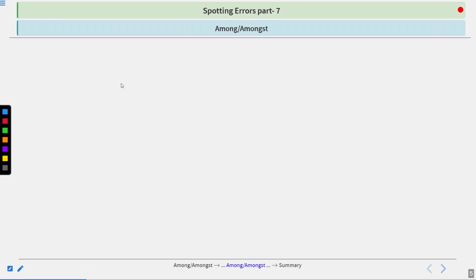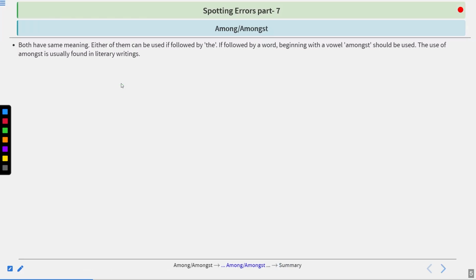Among or amongst: both have the same meaning. Either of them can be used, but if followed by a word beginning with a vowel, amongst should be used. The use of amongst is usually found in literary writings. So among and amongst have the same meaning, and either can be used.